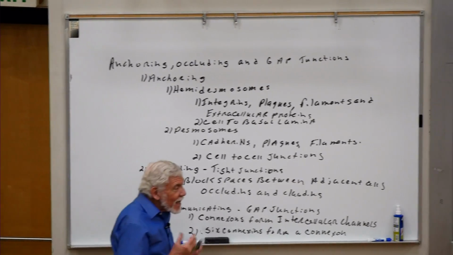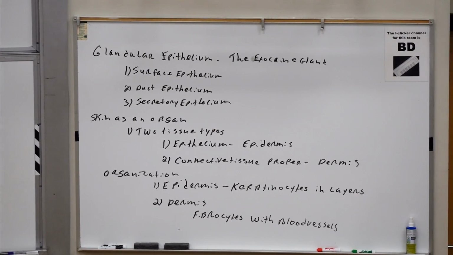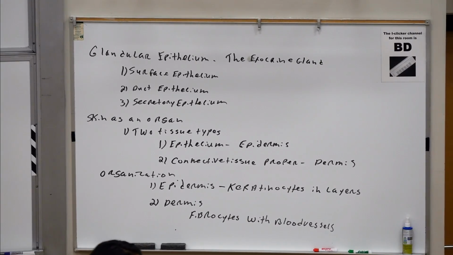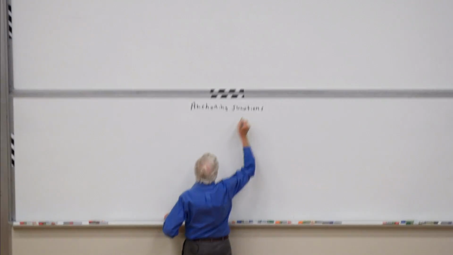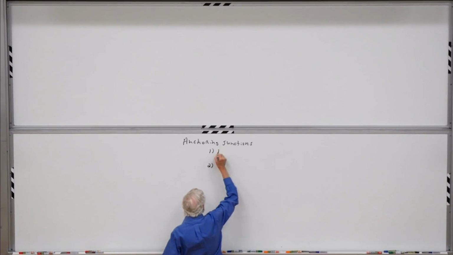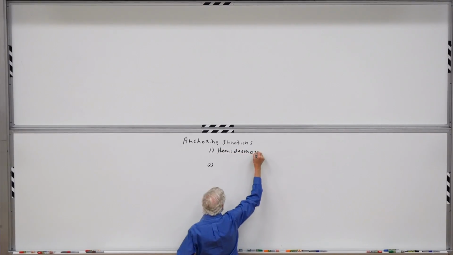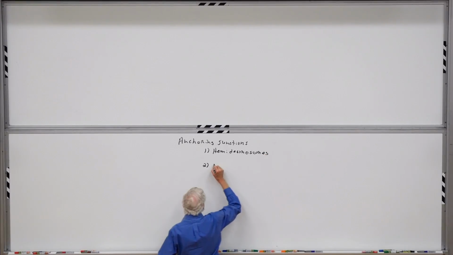And where we're going to begin is with the discussion where we left off last time, which was the concept of anchoring junctions. The anchoring junctions come as two types. They come as the hemidesmosomes and the desmosomes.